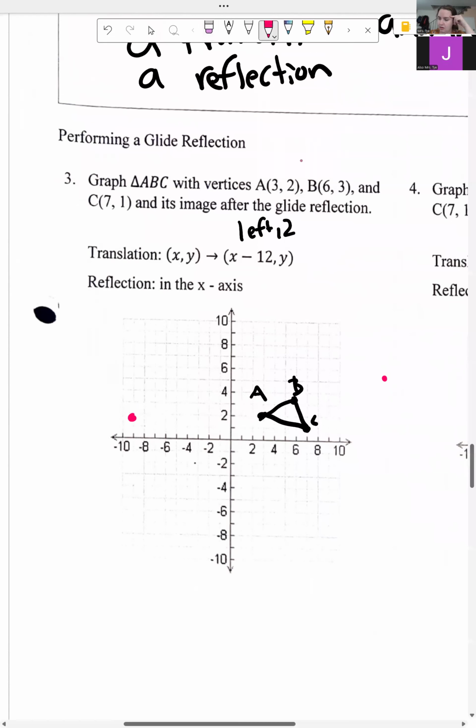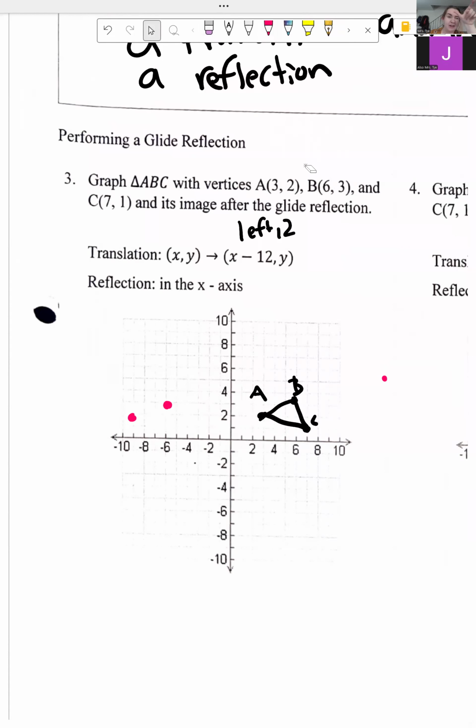Okay. B is currently at 6. So if we're moving over 12 to the left, I'm going to move 6 to the y-axis and then 6 more that way. That just kind of helps me a little better than counting every little box, and I'm counting 12 when I miss a box.